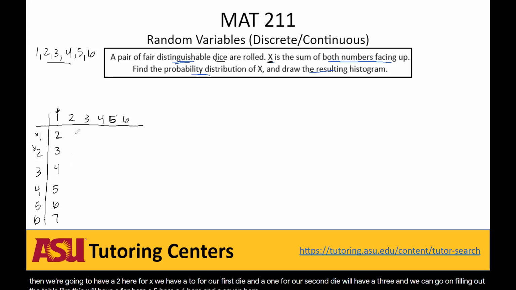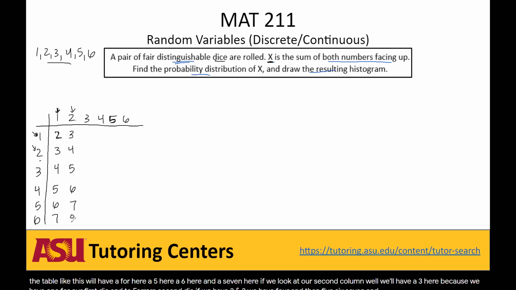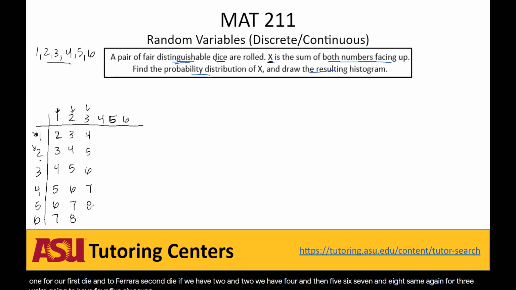In our second column, we'll have a 3 here because we have 1 for our first die and 2 for our second die. If we have 2 and 2, we have 4, and then 5, 6, 7, and 8. Same again for 3: we're going to have 4, 5, 6, 7, 8, and 9.